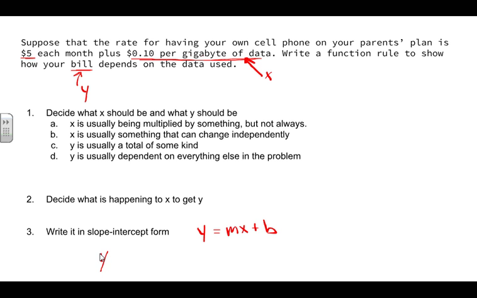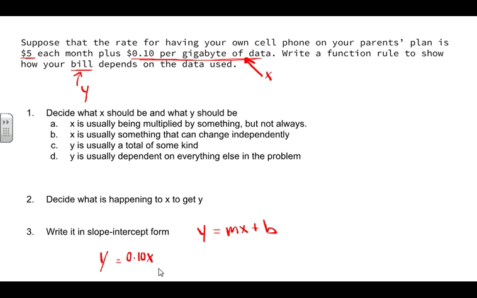Now m is what we determined, this 10 cents per gigabyte, what is our x. So what's happening to the x itself? The x is being multiplied by this 10 cents. Per usually means division.